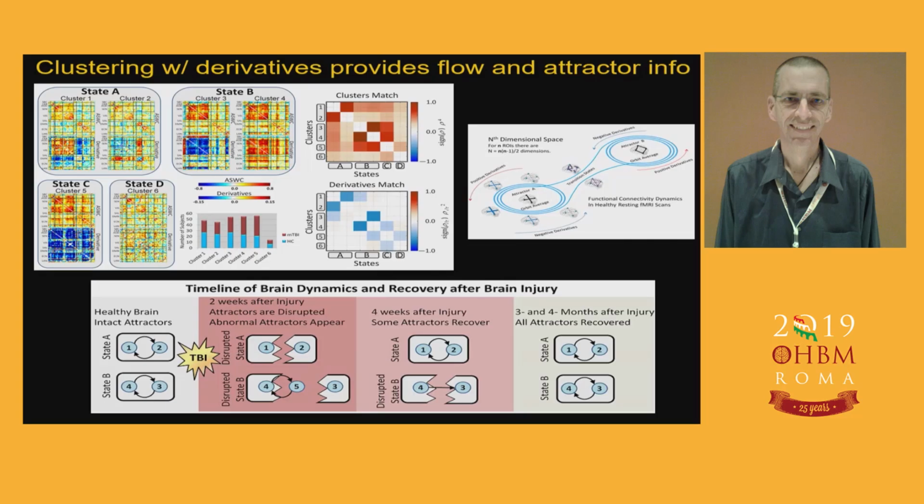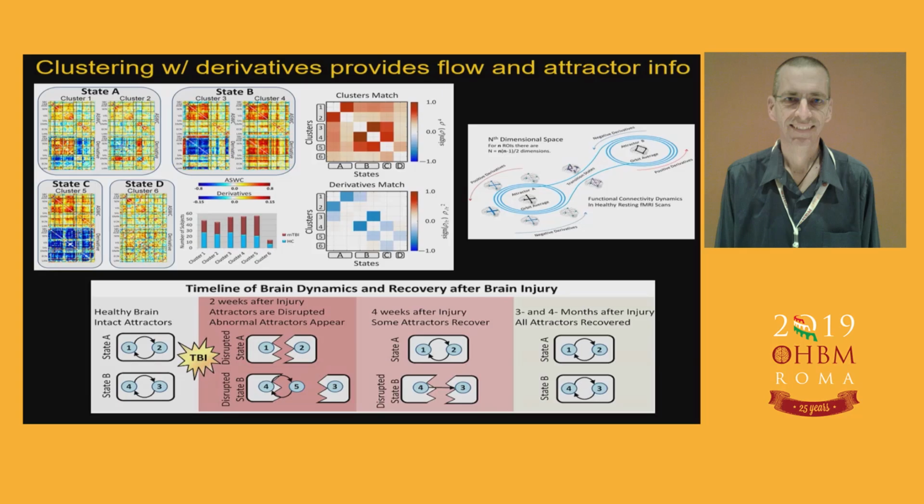And we looked at this recently in a traumatic brain injury study, and we found some really interesting results where we see this state A, which has this pairwise but opposite patterned clusters. And so here's state A and state B in a healthy brain.